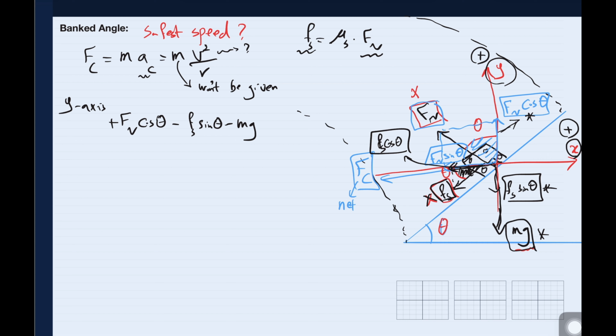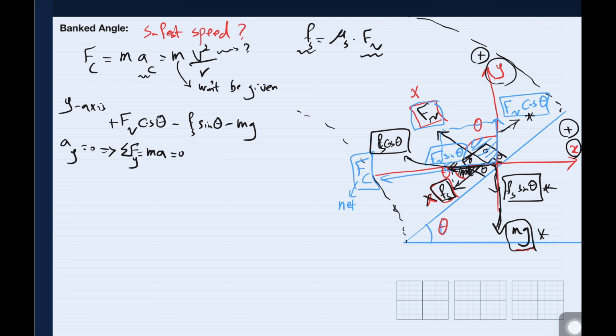And I know the car is not jumping up on the ramp. So then ay is going to be 0. So if ay is 0, F equals ma, then Fy is going to be 0.